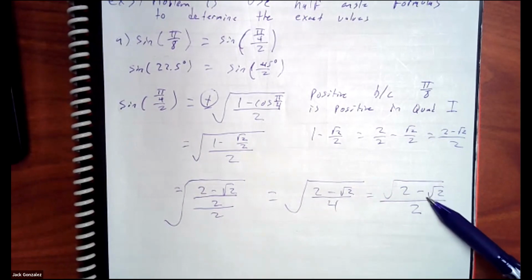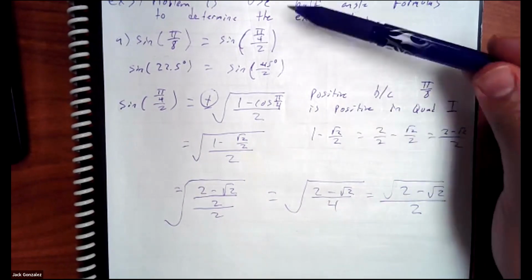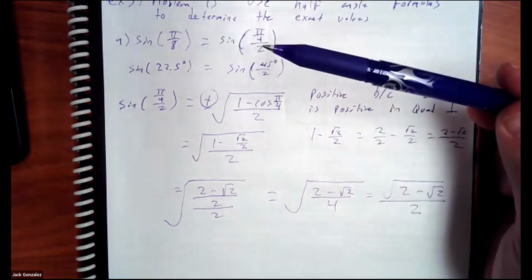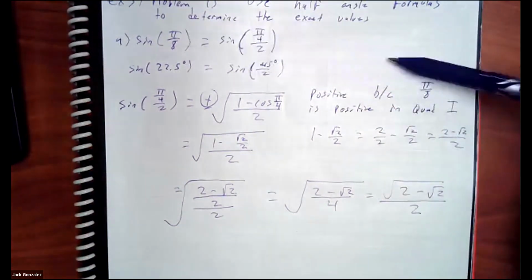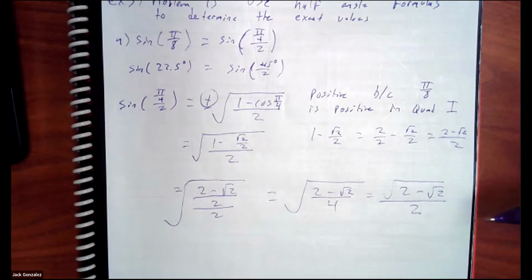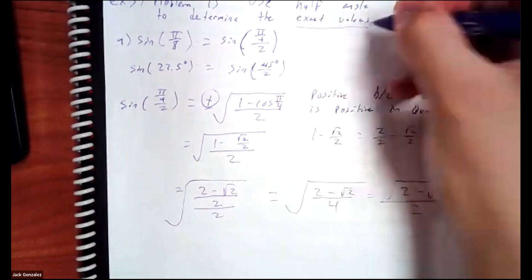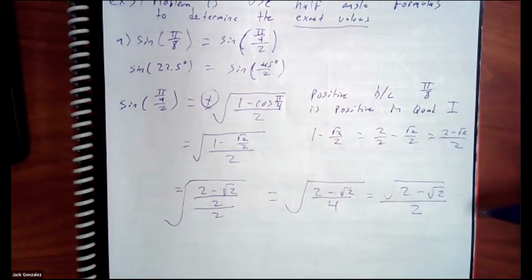So if I don't need this level of accuracy, I can just punch this into the calculator and get some nasty decimal that will repeat forever. But if I want an exact solution, because that's what they asked for, exact values, I had to do this to get there. But the exact answer is not pretty.